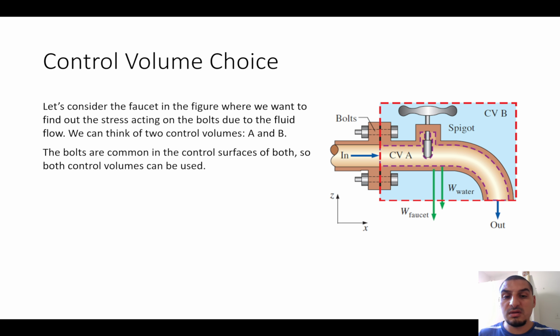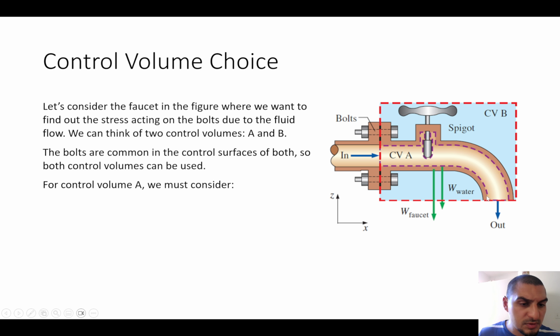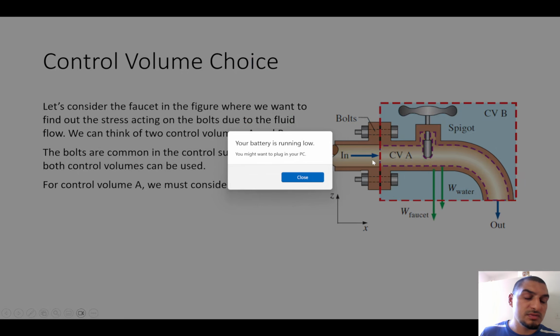So if we use the control volume A, then we have the inlet and outlet forces due to the pressure. So we have pressure in this direction and pressure in this direction, and it's going to be the same for control volume B, because this part and this part are common to the two control volumes.